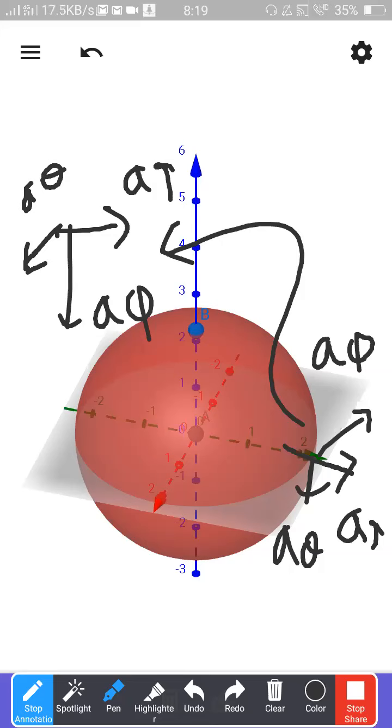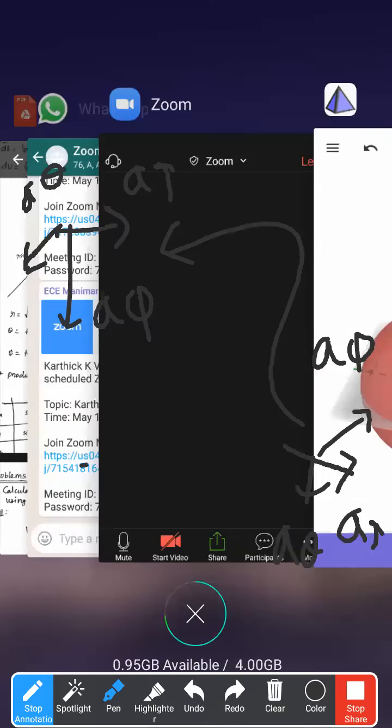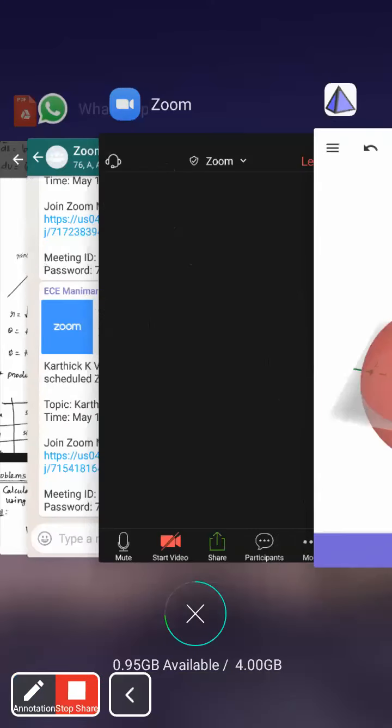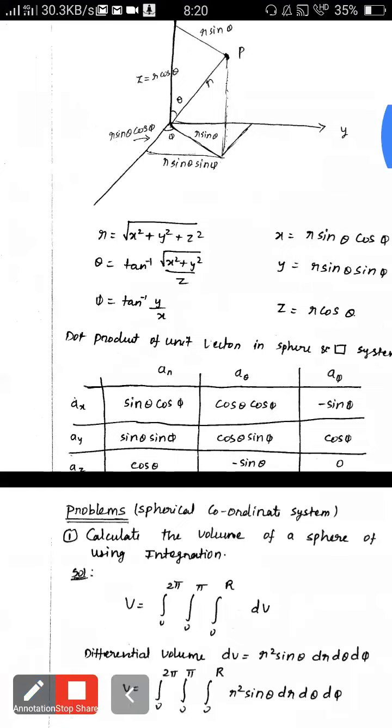Then I will give you one intuitive idea here again. These vector relationships are really complex. I have shown you already the relationship between the cylindrical coordinate system vectors and Cartesian system vectors. Okay, so I think here it's visible. Are you able to see this?